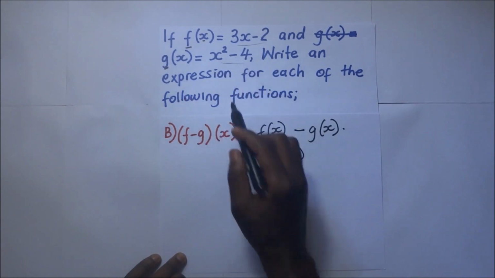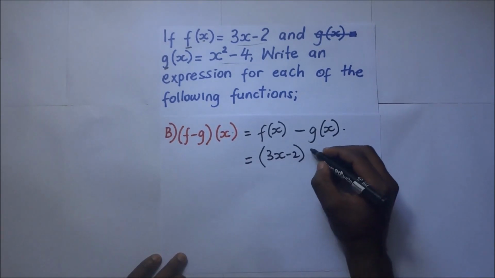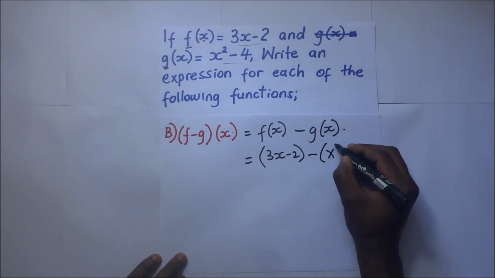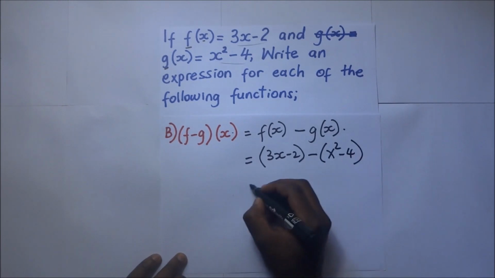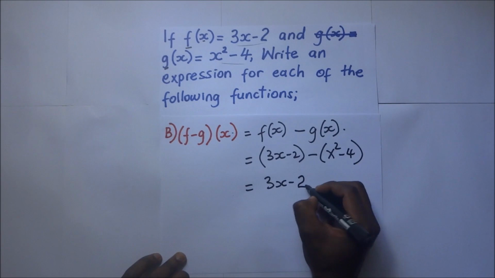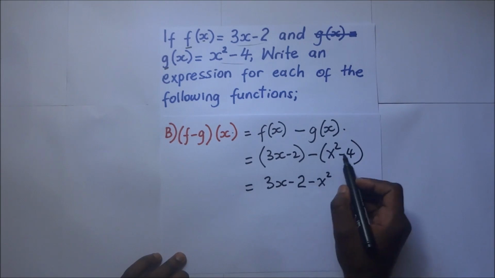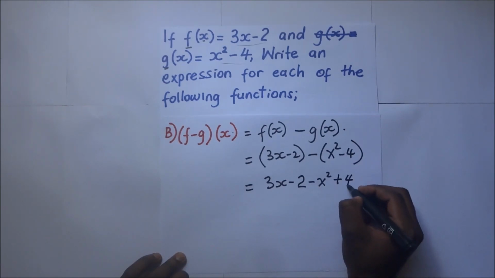Our g of x is x squared minus 4. This is going to end up being 3x minus 2. Then we open brackets. Negative 1 times x squared gives us negative x squared. Then we have negative 1 times negative 4 gives us positive 4.